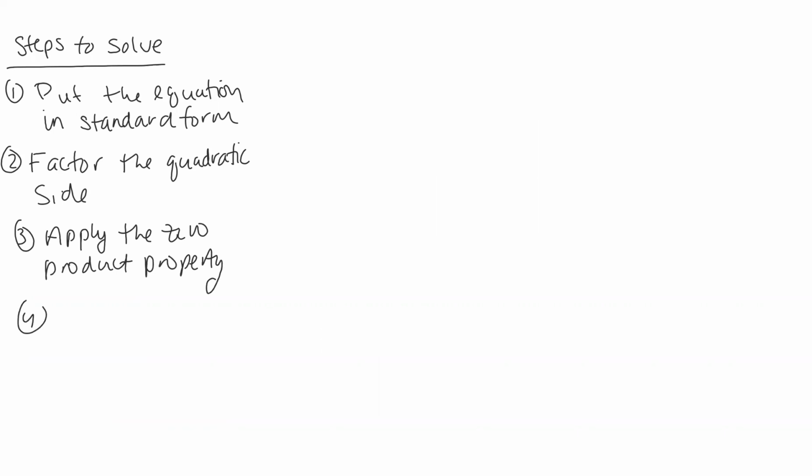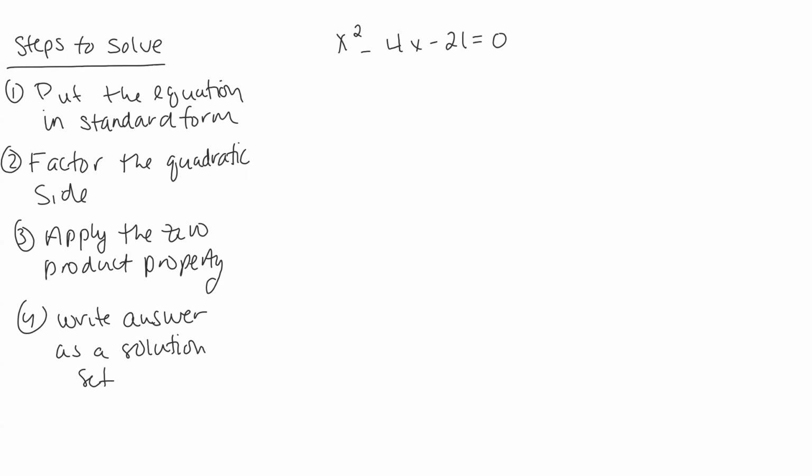And then I like to add this one: write your answer in set notation. So write it as a solution set. Okay, so let's go ahead and start. Let's look at some examples. So we're going to start with some easy examples, and then we'll look at some more complicated or more involved examples. So first of all, we have x squared minus 4x minus 21 equals 0.